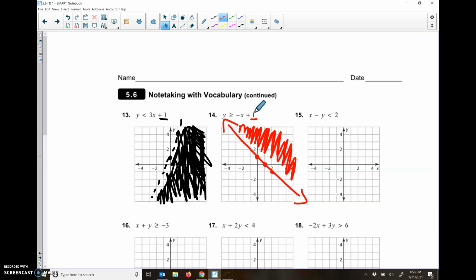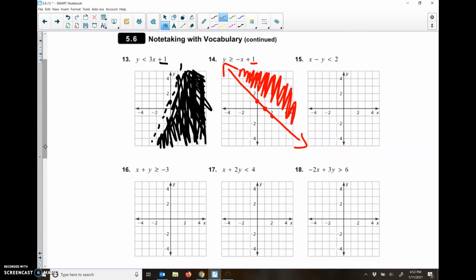Then like I said, 15, 16, 17, and 18 are pretty much the same thing, except they don't say y equals. So you might have to do some work before you make them say y equals. So like for number 16, it says x plus y is greater than or equal to -3. Well, if I subtract x from both sides, now I have y is greater than or equal to -x minus 3.